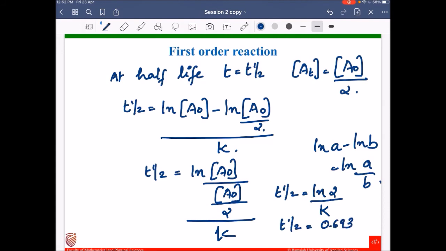The value of ln 2 is 0.693, so t half is 0.693 divided by k. So if you see this equation for half-life of a first order reaction, we can say that half-life is independent of initial concentration, because there are no terms related to the concentration of the reactant. So for half-life determination for a first order reaction, we require only the rate constant for doing the calculation.